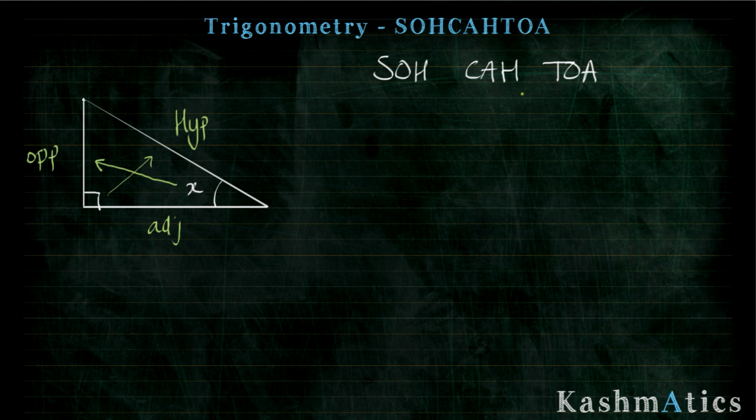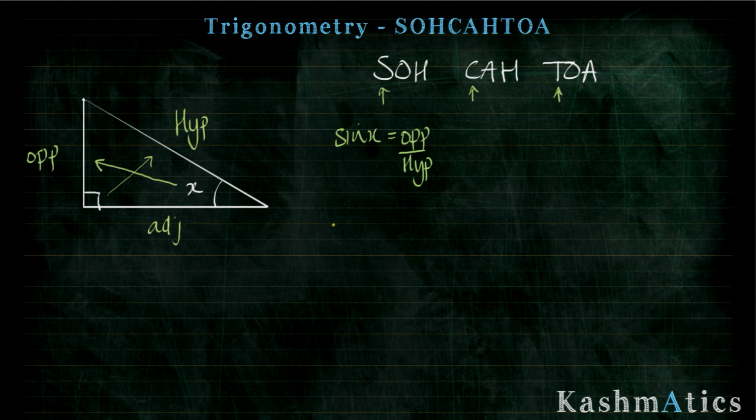The next thing is to understand this acronym SOHCAHTOA. Now the S, the C and the T stand for sine, cosine and tangent. The way it works is this. The sine of the angle, so sine x, you never write sine on its own, sine has to be with an angle, in this case it's x, is equal to the opposite side divided by the hypotenuse.